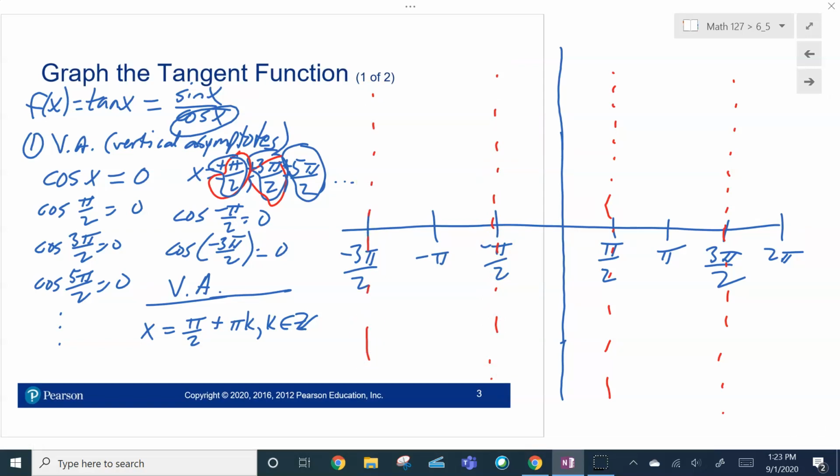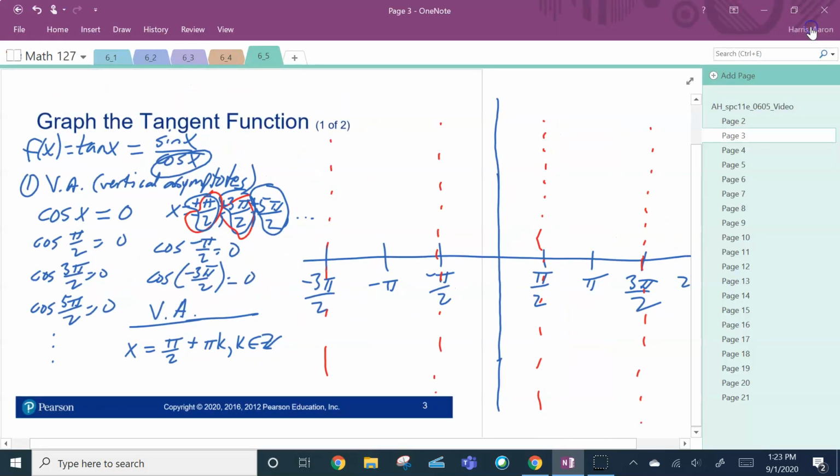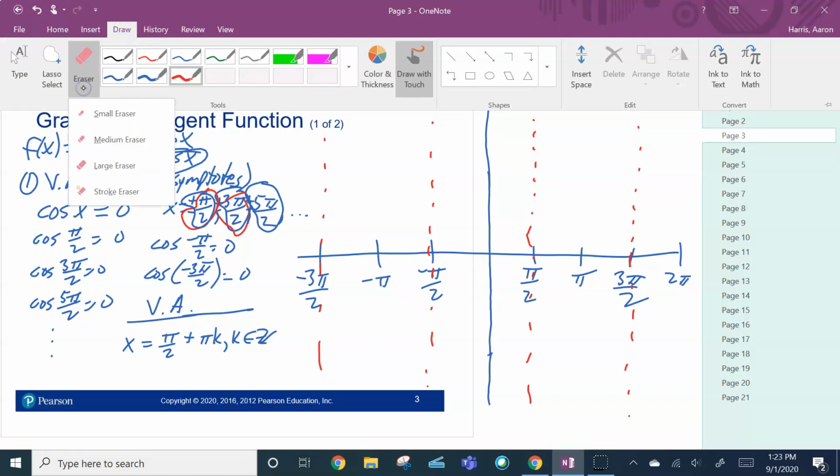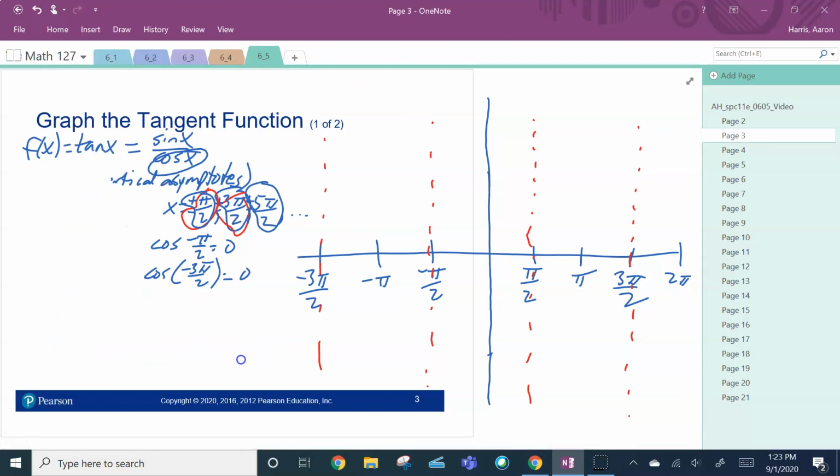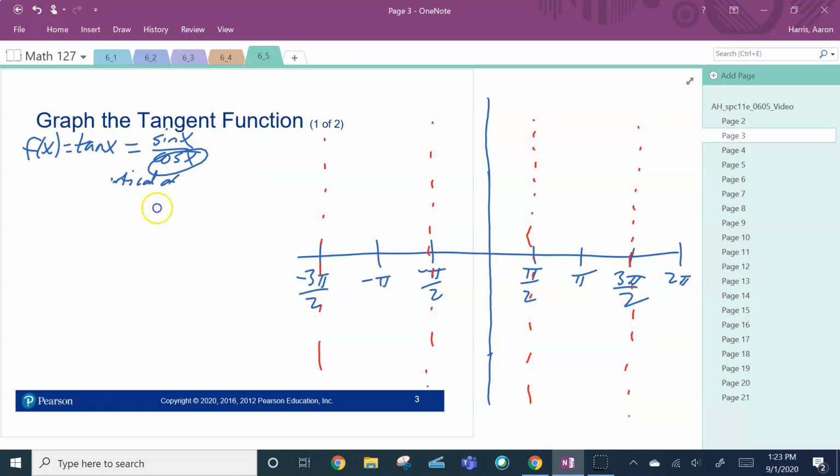Okay, so now step 2. Let me erase a little bit. I'm going to plot some points. I found where it was undefined, my vertical asymptotes, and I'm now going to plot some points.